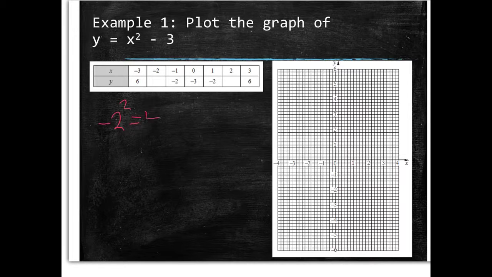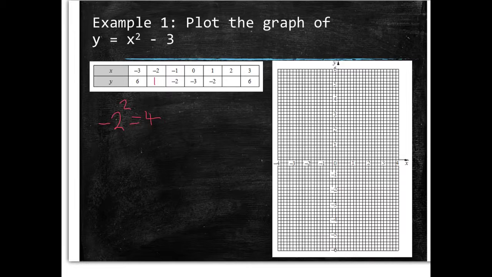So that gives us 4. What we then need to do is think, okay, in the question we were doing x squared, take away 3. X, to start with, was minus 2, and we've worked out that minus 2 squared is 4. 4 take away 3 is 1. We get an answer of when x is minus 2, y is 1.